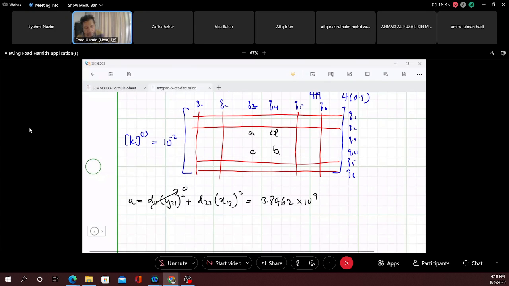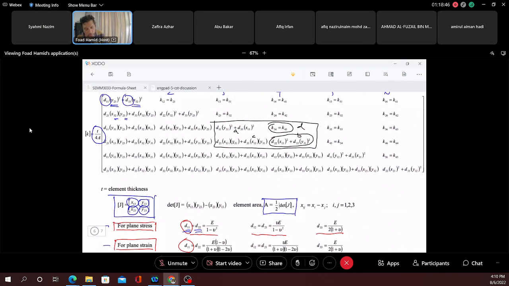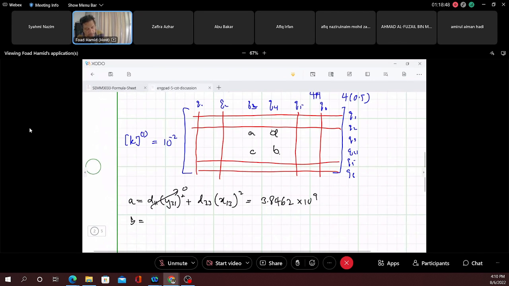Okay, how about B then? B, if you take a look at the formula, is this. Okay, that's our B. So B is just B22 X13 squared plus D33 Y13 squared.